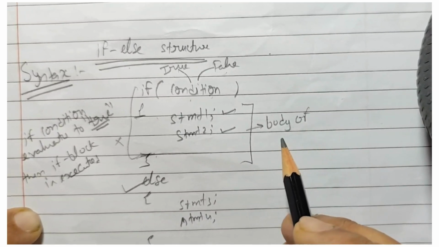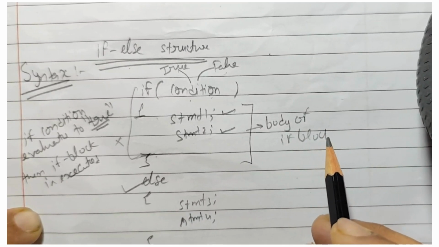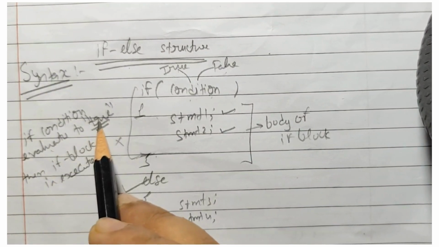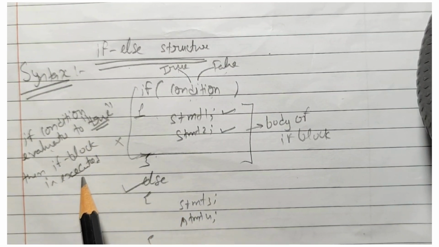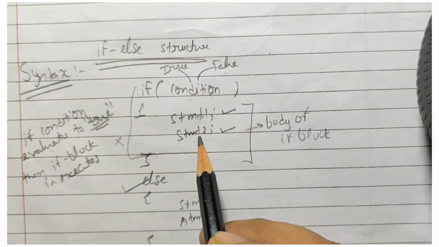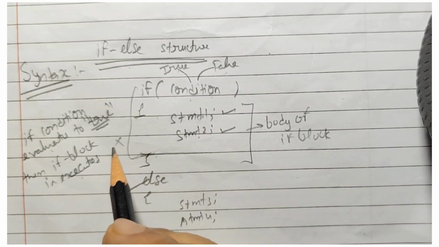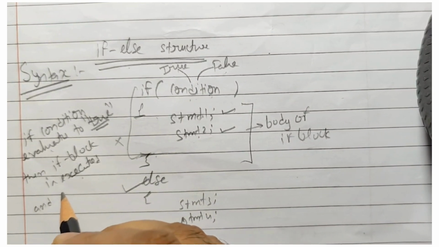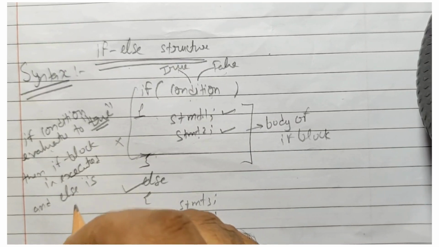If the condition evaluates to true, then the statements of the if block, that is statement 1 and 2, are executed. Else is skipped.